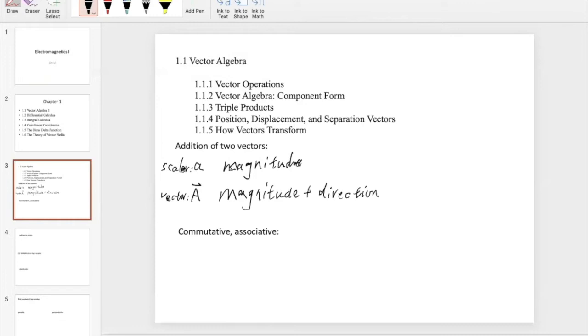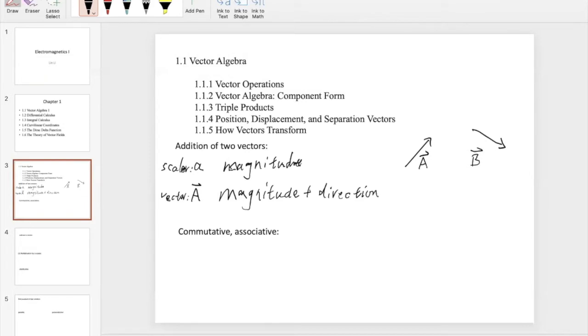Now let's do a calculation of two vectors. For example, if I have vector A, with a hat on A meaning it's a vector, and we have another vector B. Let's say B is something like this. What is A plus B?